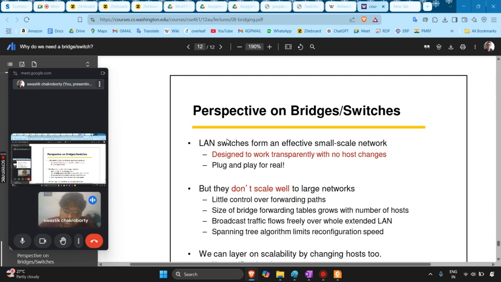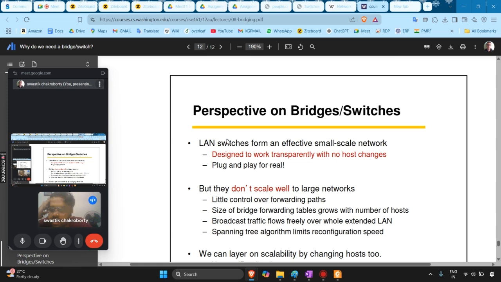The LAN switches form an effective small spiral network which are designed to work transparently with no host changes, but they don't scale well to large networks since these LAN switches are kind of decentralized. Since they are decentralized, they do not work well with a large network size.